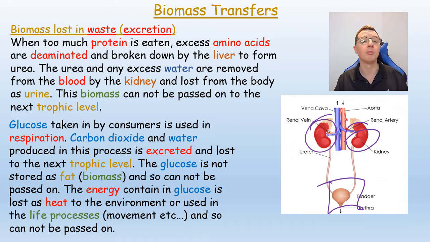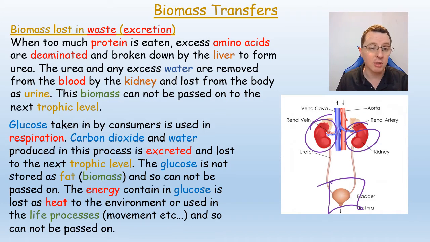Another example comes from glucose. Glucose is taken in by a consumer but often used in respiration, and this produces carbon dioxide and water, which are then excreted either through urination or by exhaling and breathing out carbon dioxide and water. And again, these biological molecules cannot be passed on to the next trophic level.